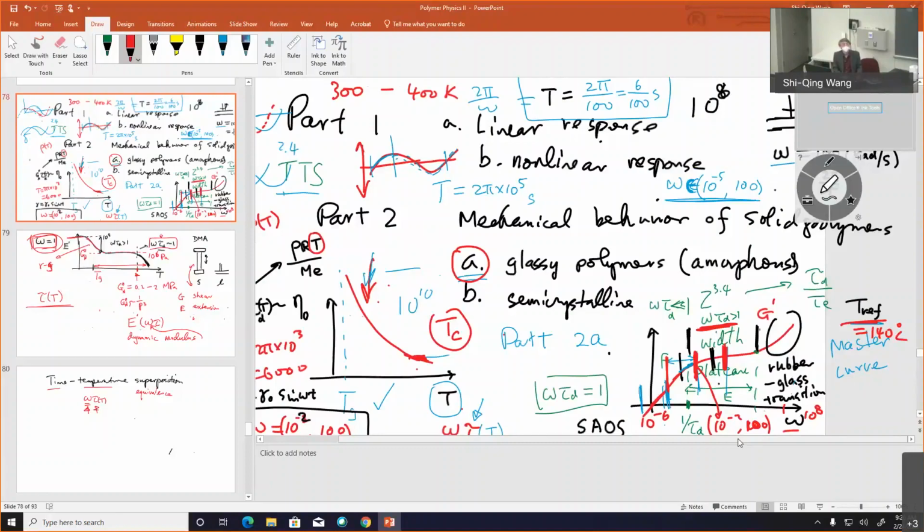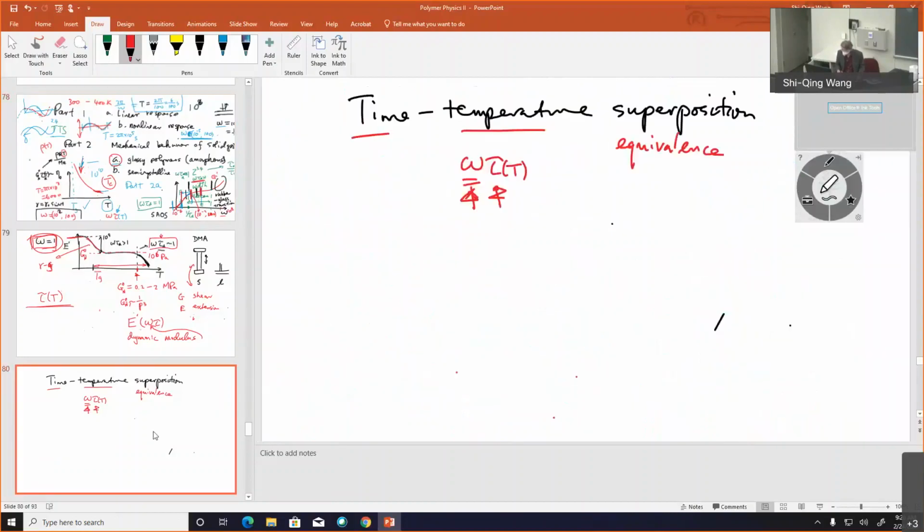Okay. With all that hard work, it's conceptually very simple. Very, very clear, very simple.